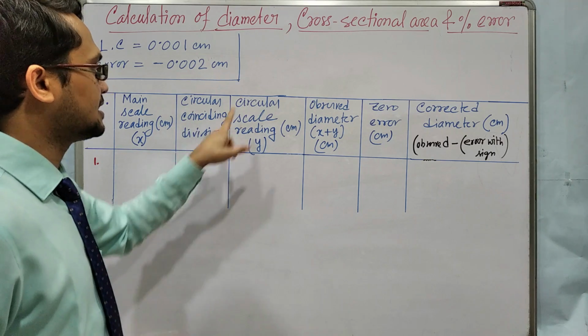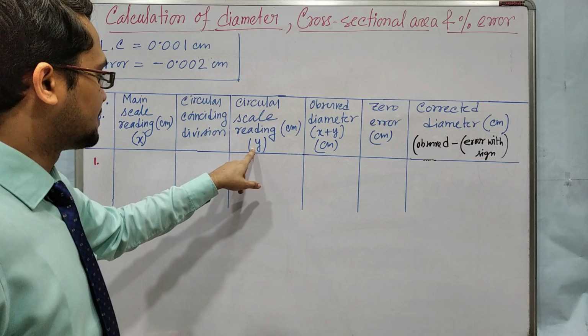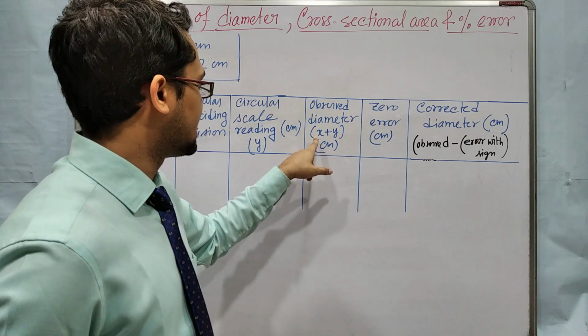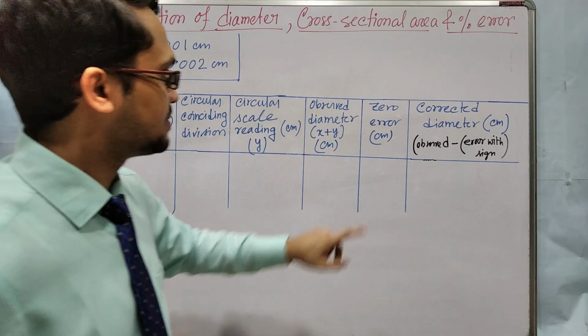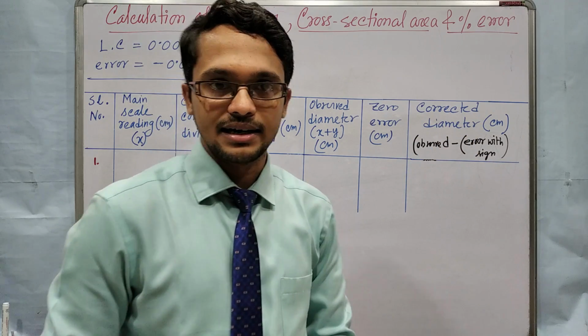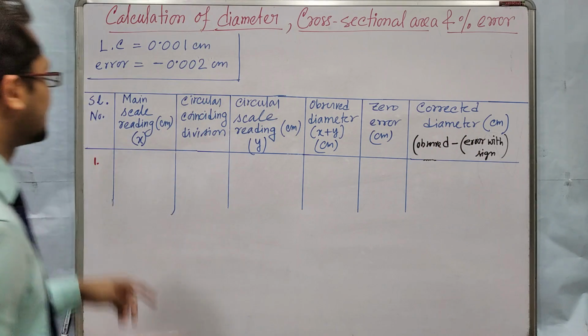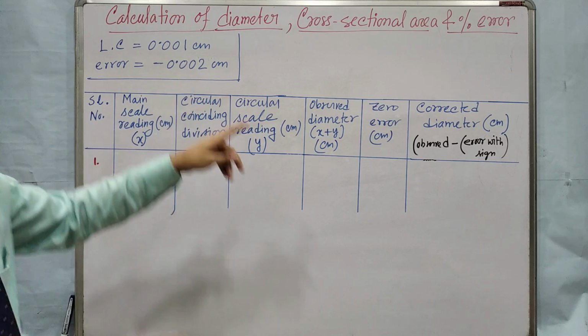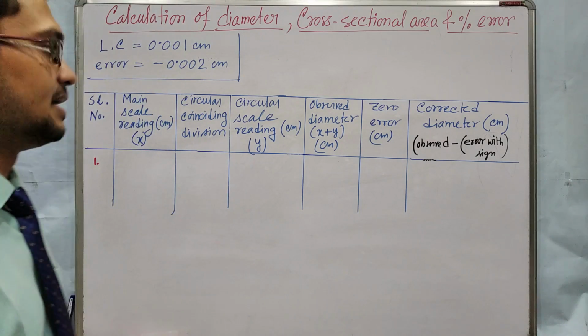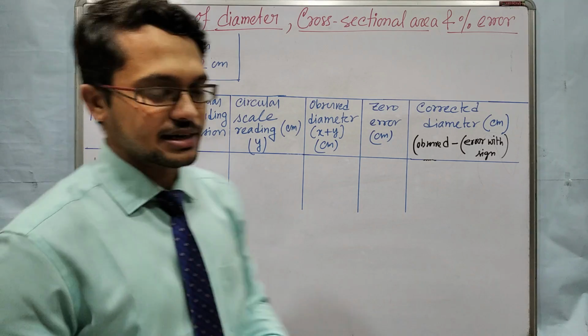Circular coinciding division, then circular scale reading, which I have given the name Y, measured in centimeter. Observed diameter formula is X plus Y, in centimeter. Zero error is already in centimeter, and then corrected diameter. At the end we have to subtract this error because we do not need any kind of error in our measurement. So I am taking one reading.